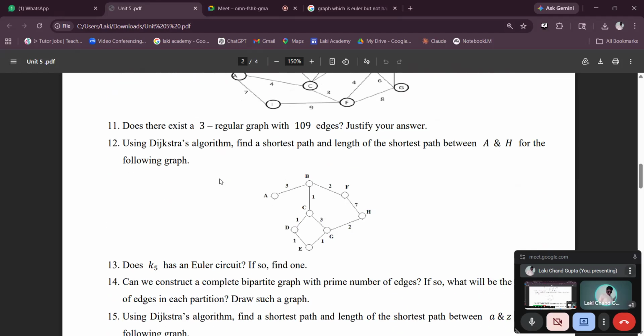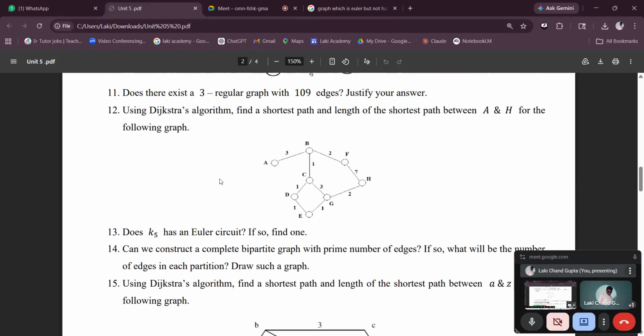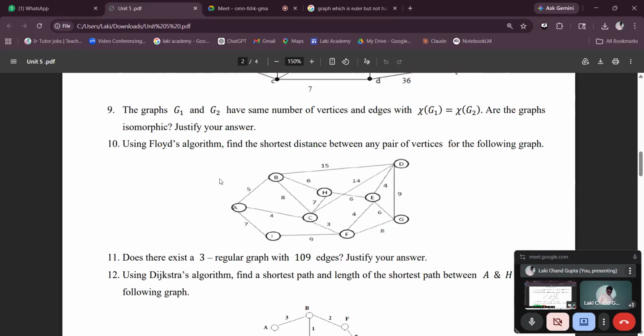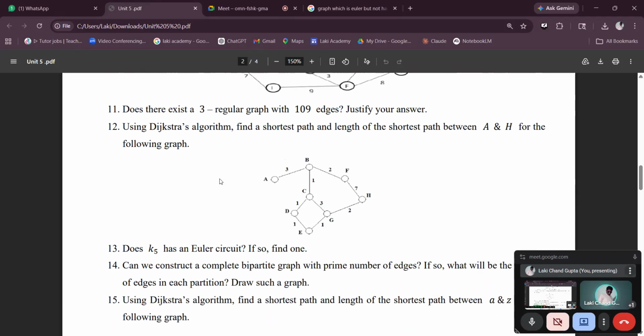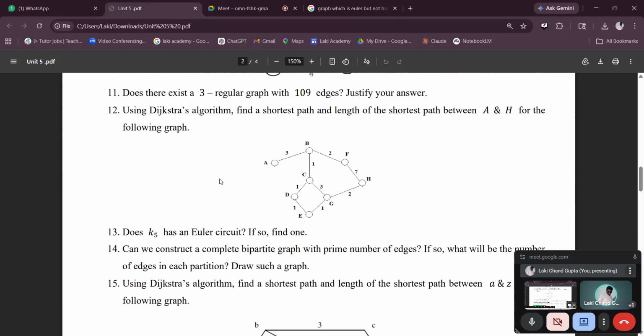Does there exist a three regular graph with 109 edges? No, no. Does there exist a three regular graph? Regular graph means whose degree is the same, with 109 edges.